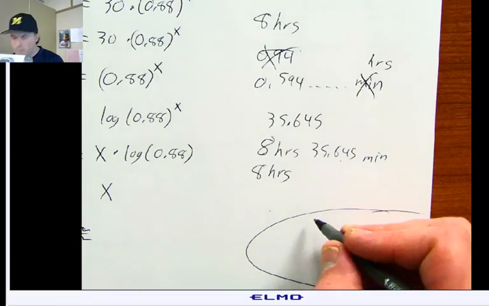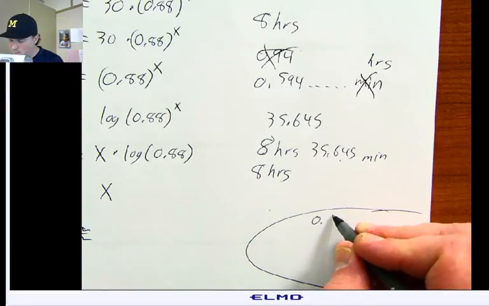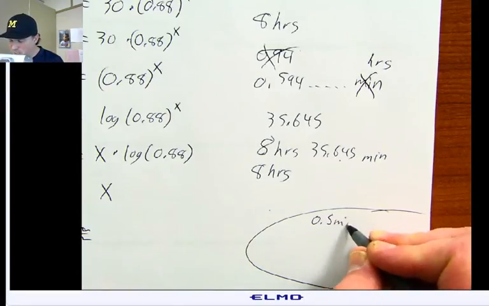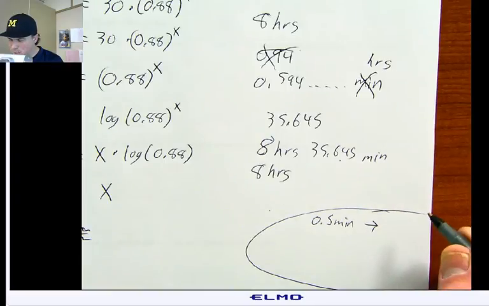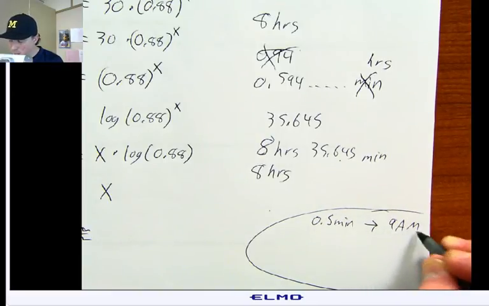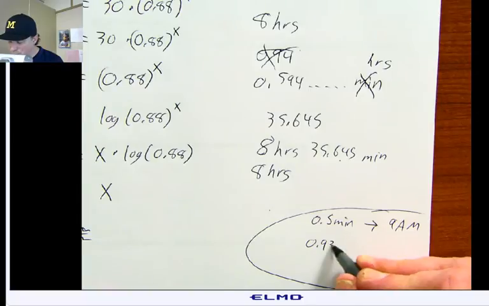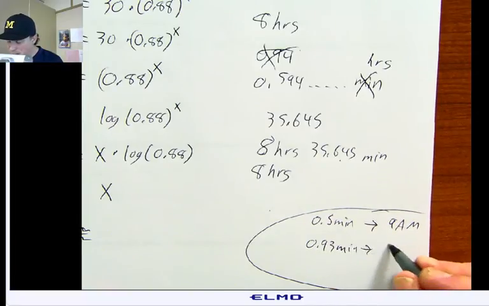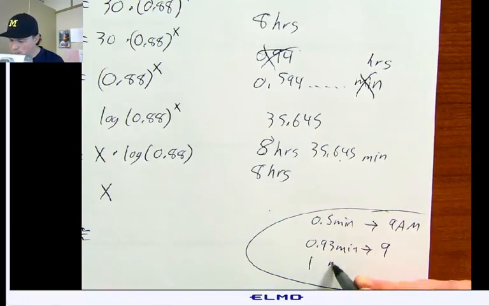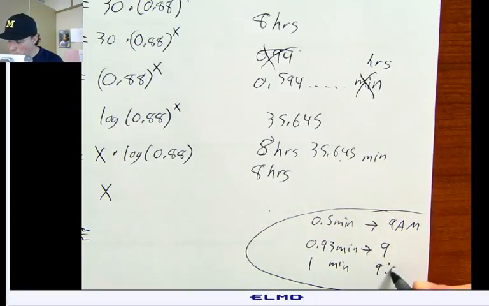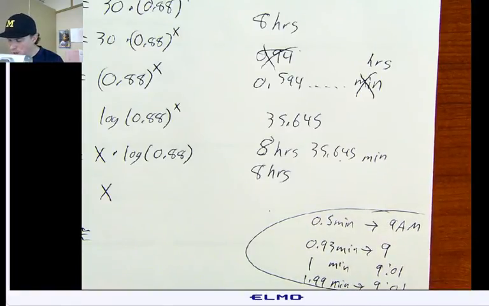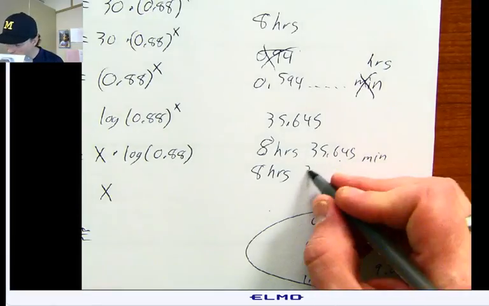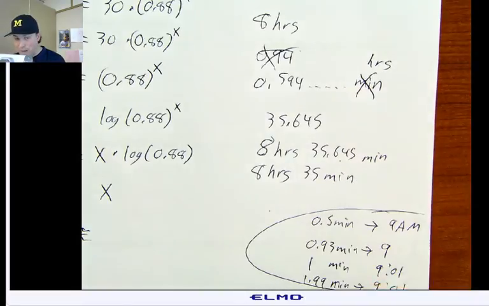If the answer was 0.5 minutes, it would still be 9 a.m. If it was 0.93 minutes, it would still be 9 a.m. Then once it hits 1 minute, then it would be 9:01. And even if it was 1.99 minutes, it would still be 9:01. So this looks to me that no matter what, you need to round the decimal down. So I'm looking at 8 hours 35 minutes.